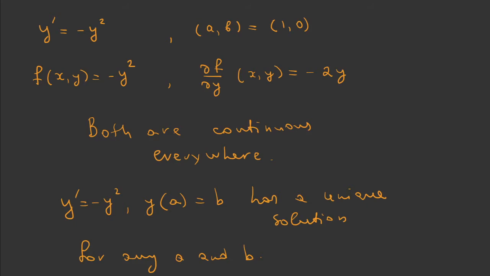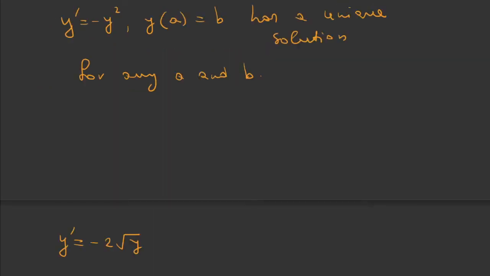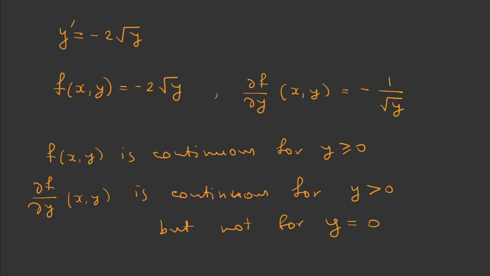By contrast, if we look at the first initial value problem, in the differential equation y prime equals negative 2 square root of y, the function f of x, y in this case is negative 2 square root of y. Its partial derivative with respect to y is negative 1 over square root of y. We see that the function f of x, y is defined and continuous for values of y that are greater than or equal to 0.